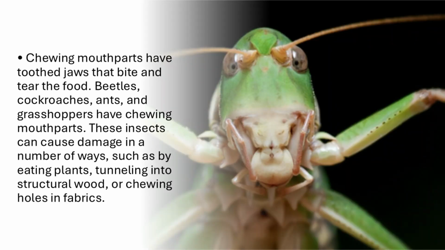Chewing mouthparts have 2 jaws that bite and tear the food. Beetles, cockroaches, ants, and grasshoppers have chewing mouthparts. These insects can cause damage in a number of ways, such as by eating plants, tunneling into structural wood, or chewing holes in fabric.